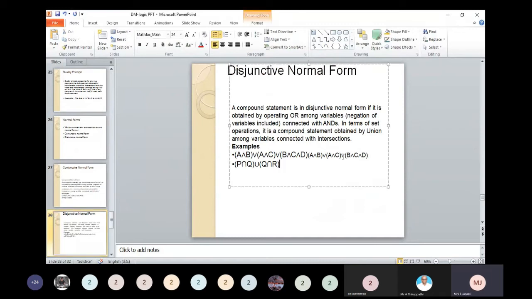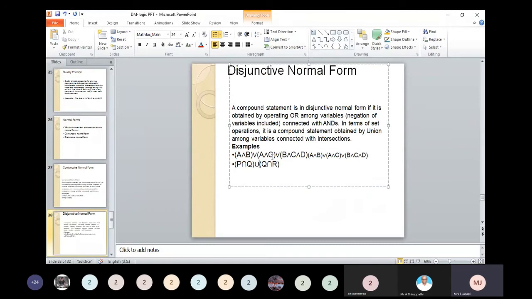Now we will see the disjunctive normal form. In the disjunctive normal form, between each compound statement a union or disjunction appears. See, now this is P and Q, and Q and R. So in between these two statements, OR, that is union, will occur. In the previous one, A and B is one statement, and A and C is another statement.